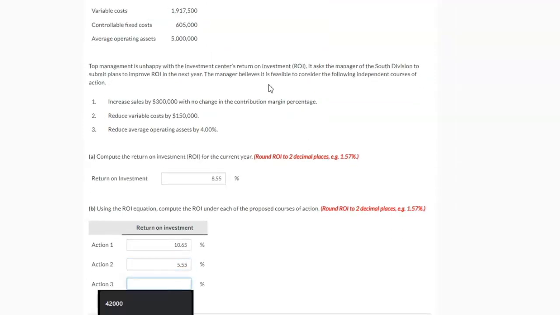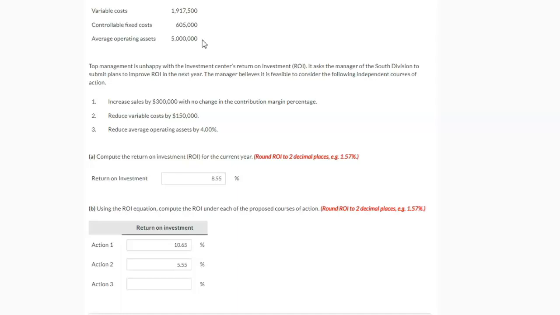Action number 3 is basically reducing the average operating assets, 5 million, by 4%. So 5 million multiplied by 0.96. The new average operating assets is 4,800,000.